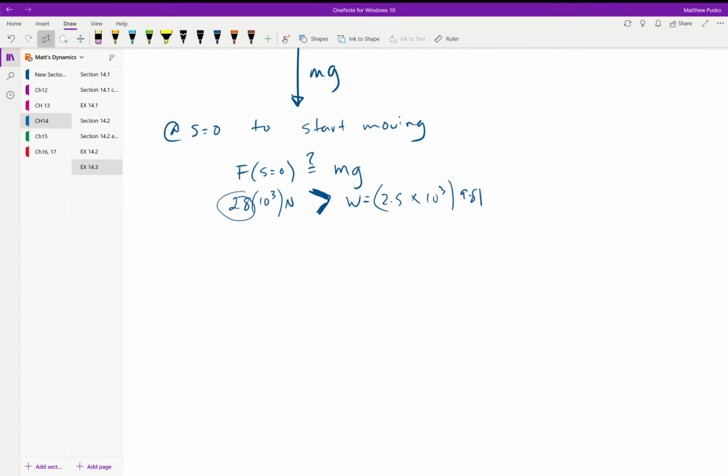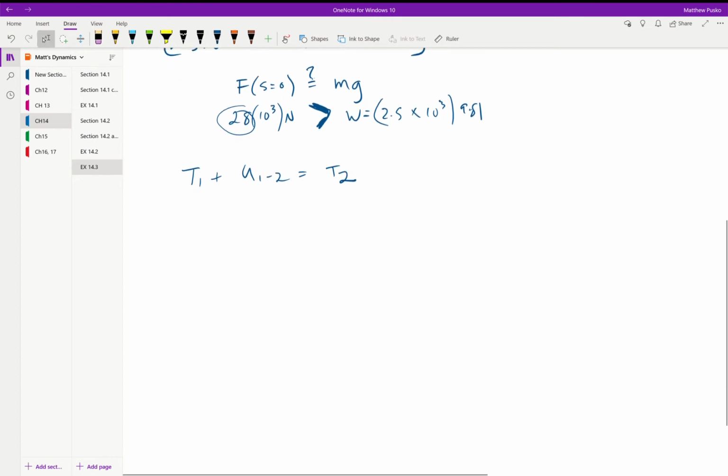So now let's use principles of work and energy. So T1 plus the work done from 1 to 2 is equal to T2. This is initially 0. That's our kinetic energy, and we don't have any. Kinetic energy requires a velocity, and the velocity was from rest, so that makes the kinetic energy 0.